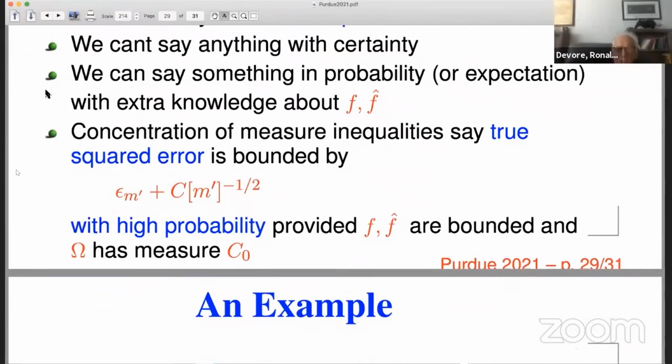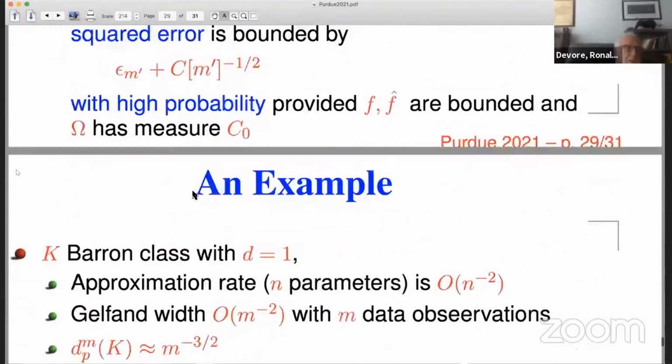And if you go into that world, then the best you can say is that the error with high probability, the true error behaves like this, where m prime is the number of elements in the test set. So you could think of m prime as replaced by m. Notice the minus a half, which comes up from concentration of measure inequalities. And even though epsilon m may be very small, much smaller than m to the minus 1/2, I'll never get a certification that I'm performing near optimally.